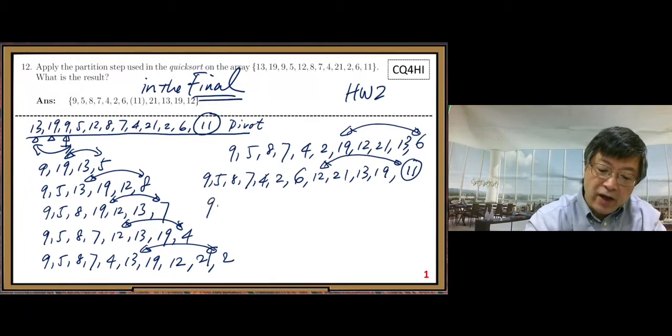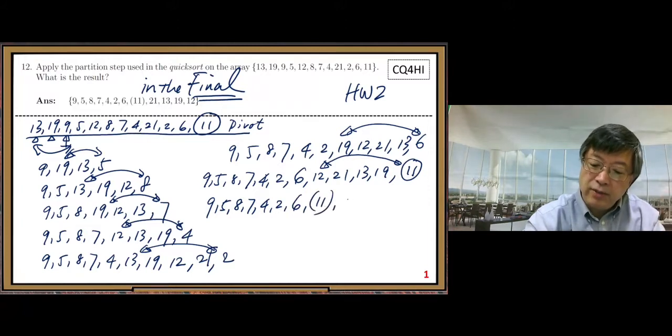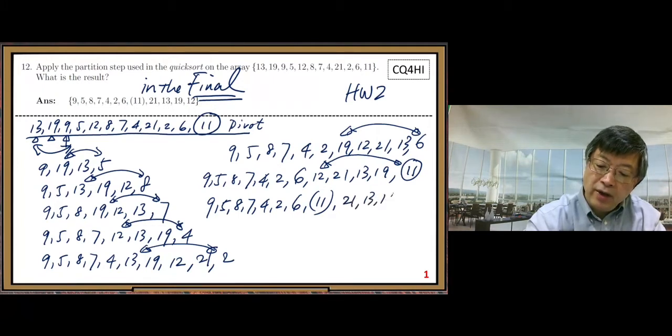So finally, we have the partition result like this. 11, the in-place partition element, then 21, 13, 19, and 12.